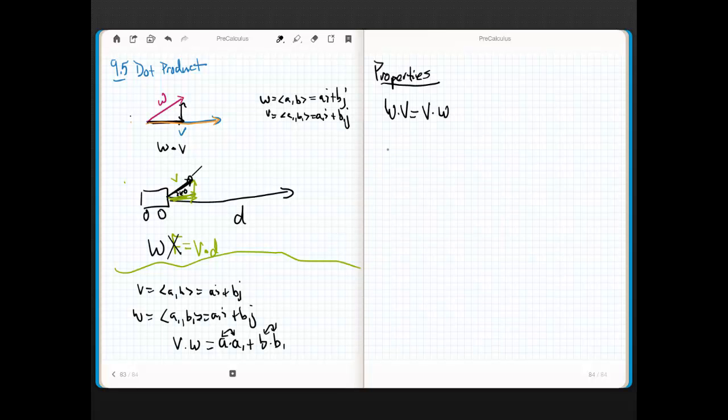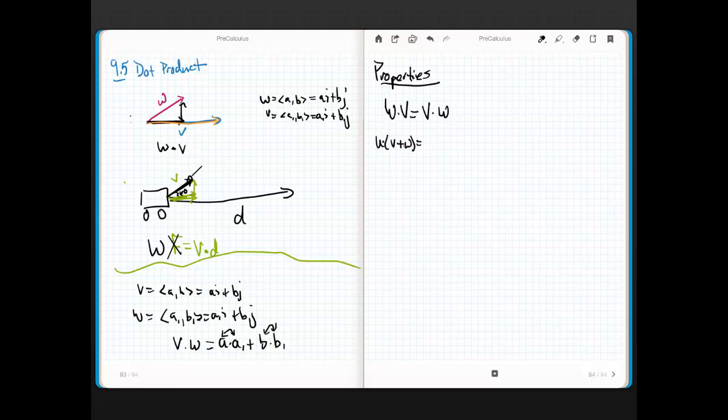Now, if we have commutativity, what's wrong with me? Don't think of this as the unit vector, just think of it as another vector named U. If I go U dot V plus W, you can probably imagine what happens here. We end up with a distributive property. So this is not times, it's dotting.